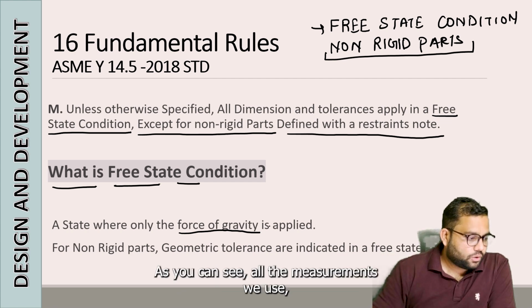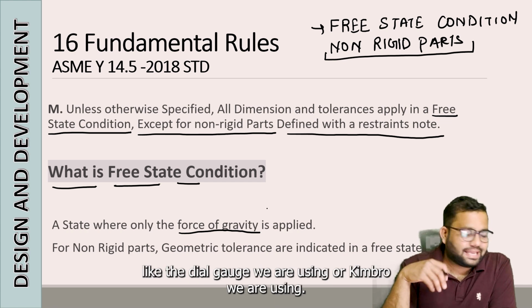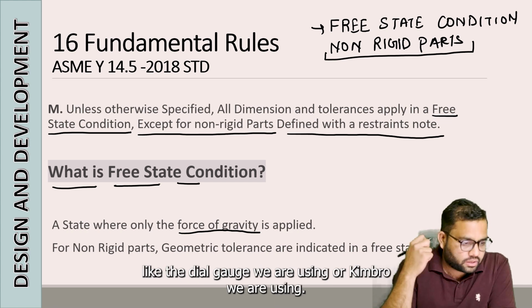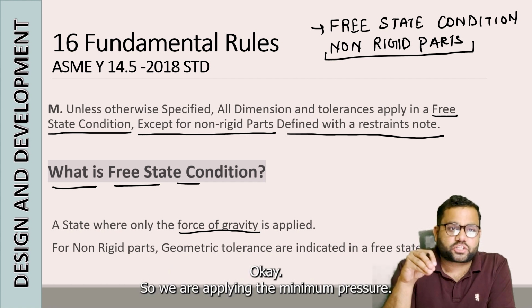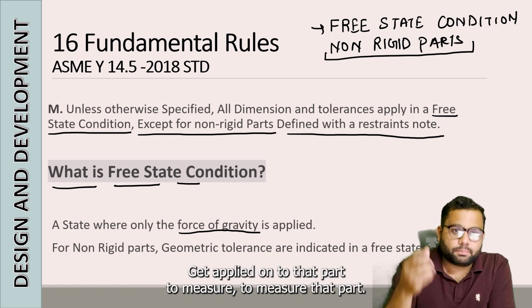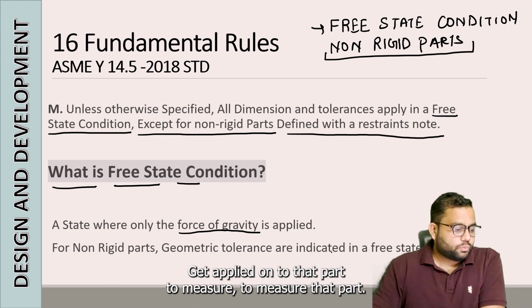As you can see, in all the measurements we use, like a dial gauge or a CMM probe, the minimum pressure is applied onto the part to measure it.